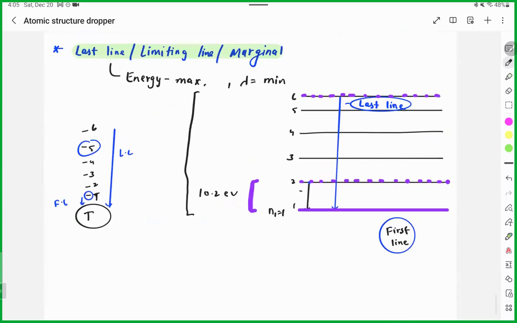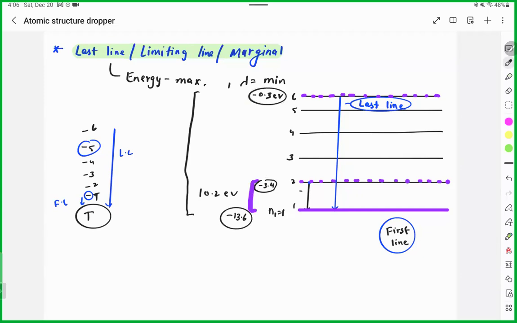So what will happen here? Energy is minus 0.3 electron volt. Here energy is minus 3.4 something. Where do you have more energy difference, first line or last line? Where do you have maximum energy difference? Because this is minus 13.6, this is minus 3.4 and this is minus 0.3.